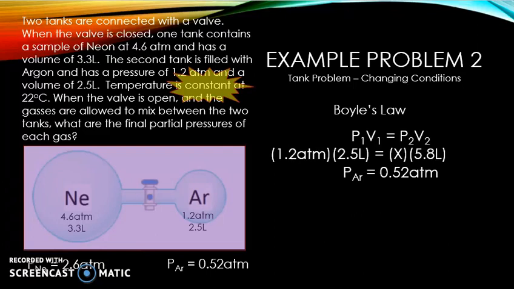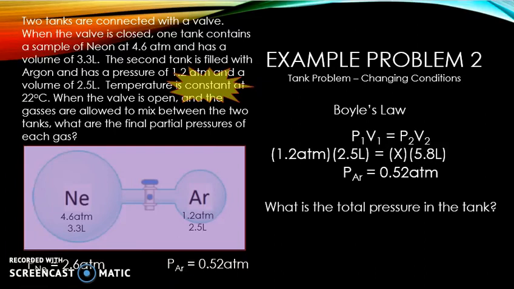Now, what we didn't discuss is how Dalton's law actually figures into this whole scenario. A lot of the time with these problems, you'll also be asked, what is the final total pressure inside of both of these tanks once the valve is open? In other words, the gases have mixed, the pressure is going to be the same throughout, but what is that pressure? Dalton's law helps us figure that out.